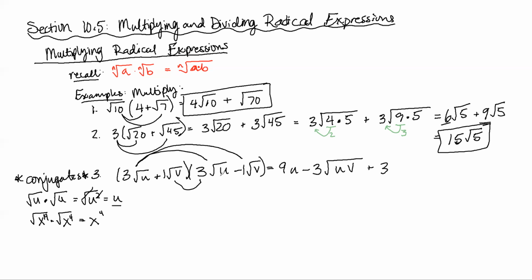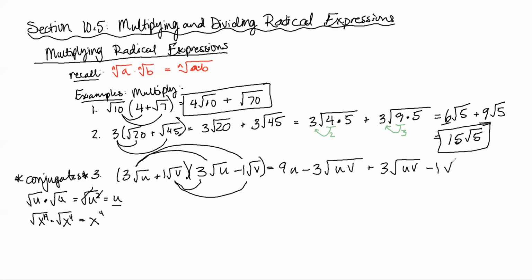And then we have v times u, which, again, they're not the same term, so we can't just get rid of the square root. We have the square root of uv. I'm switching around the order so that it's in alphabetical order. And then we have our last terms here. So again, multiply the stuff in the front. So 1 times negative 1 is negative 1. Square root of v times square root of v, again, using our shortcut here, is just a v.